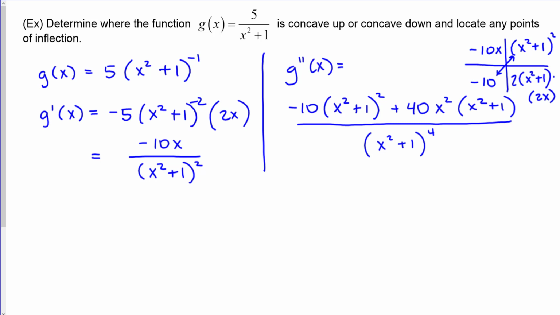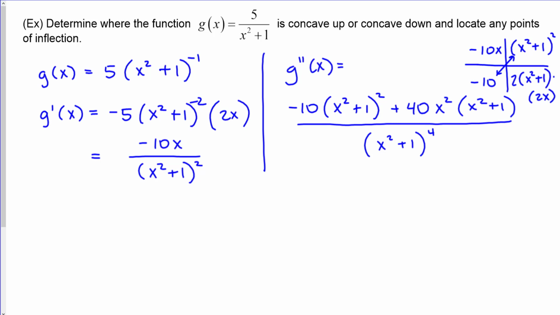Okay, now we have to simplify. The reason that we have to simplify here is because if I need to find the zeros of this function, I want this thing as simple as possible. Otherwise, it's going to make my algebra that much more difficult.